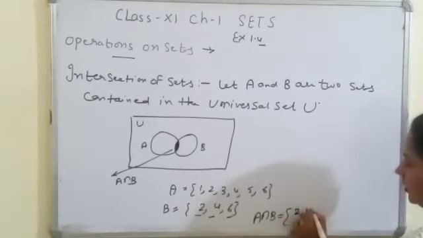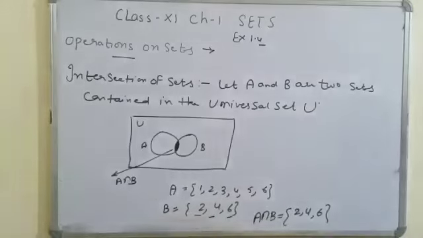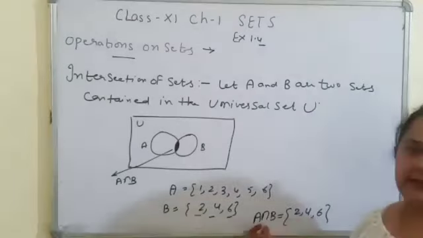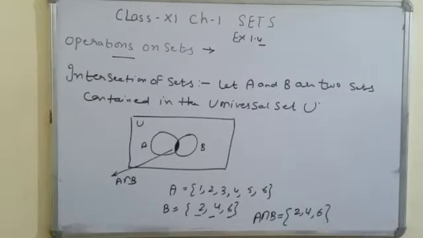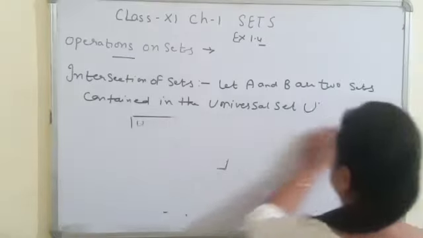So this is the intersection of the two sets A and B. Again, I am repeating: if A and B are two sets given to us, then the intersection of A and B is the set of all elements which belong to both A and B, or in other words, the set of common elements of A and B. In the intersection set we write only the common elements of both sets.